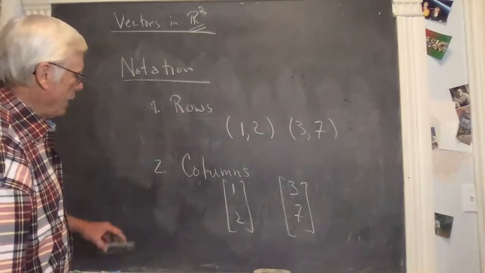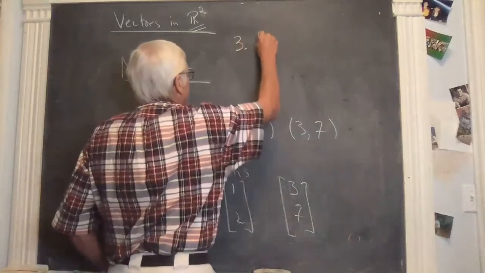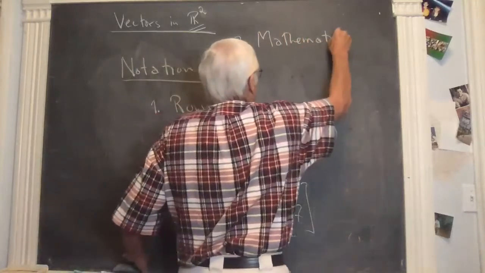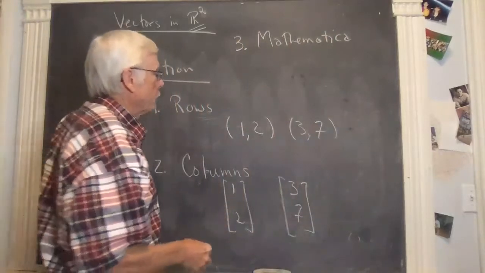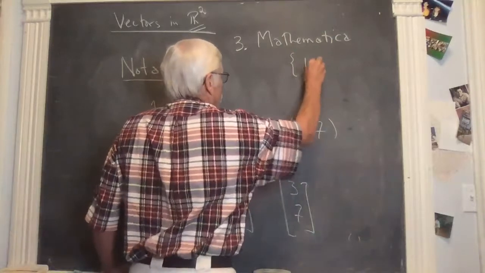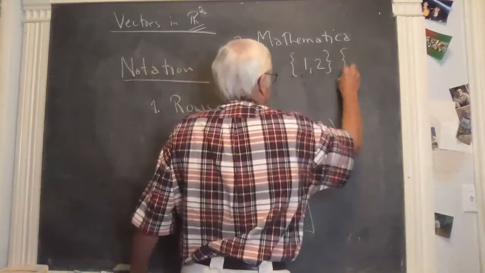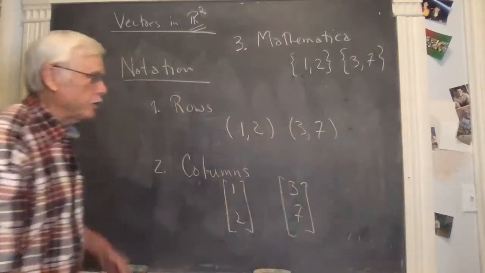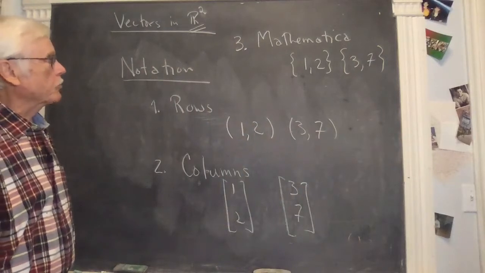And the third way we would write them, which I'll put up here, is for use in Mathematica for computations, in which case a vector is denoted as just a simple list. Similar to rows, but actually not quite. In usage, these are just lists of numbers.